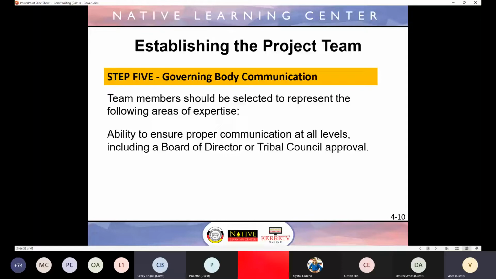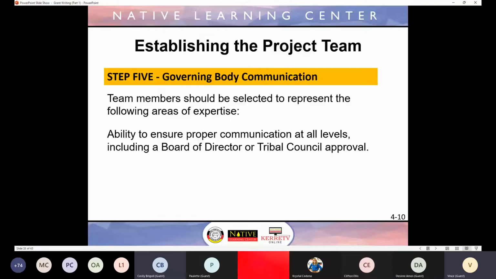You need to identify how that system works and what needs to be communicated, and if certain, and here's the important thing, if certain approvals are needed. Now, I know from experience that one tribe in particular, if they want to pursue grant funding, they need to have a couple things in place. One, they need to have it approved by the legal department.